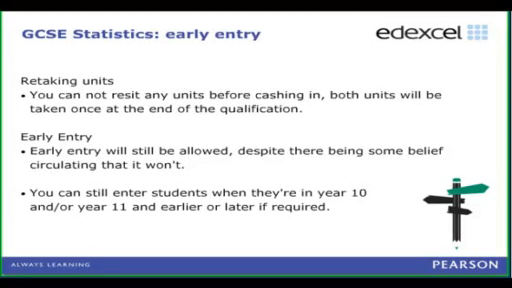So we do see a lot more statistics entered in year 10, though a lot of students do both maths and statistics in year 11. If you do enter them in year 10, the results will still follow on the tables for those students when they reach year 11. So they're held over for a year, but they go on the performance tables for those same students when they're in year 11.